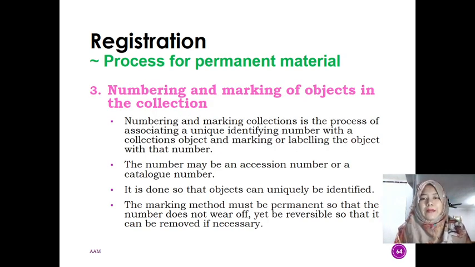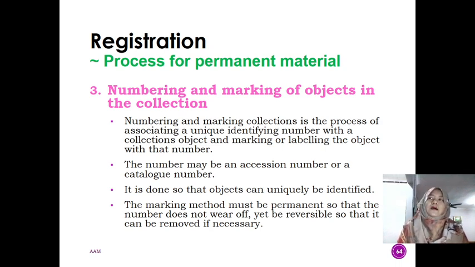Next is numbering and marking of objects in the collection. Numbering and marking an object is the process of associating a unique identifying number with a collection object and marking or labeling the object with that number. The number may be an accession number or a catalog number. It is done so that the object can be uniquely identified. Right?